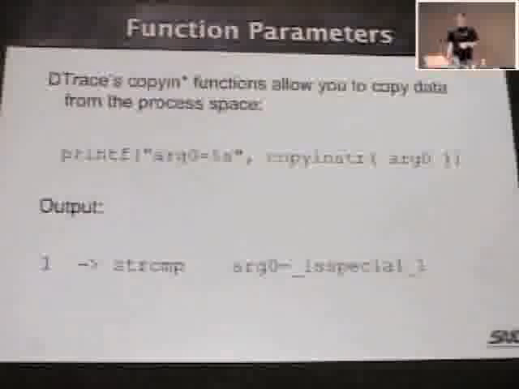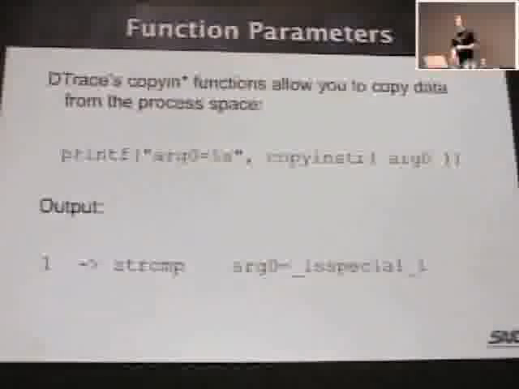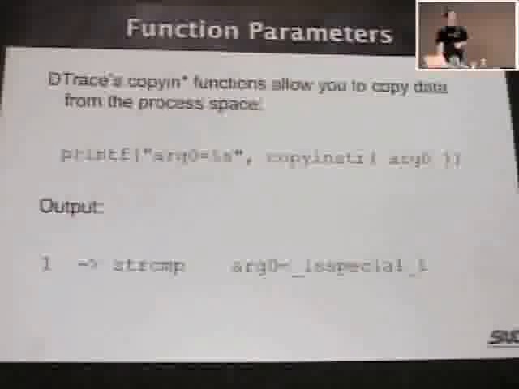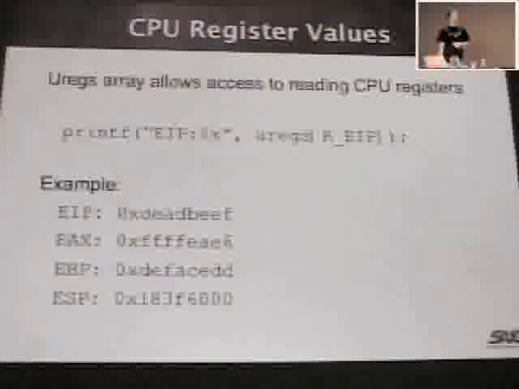You can also change values in memory with copyout if you enable destructive actions. You get CPU state, right? You can easily print out all your registers, EIP, EAX, stack pointer, stuff like that.